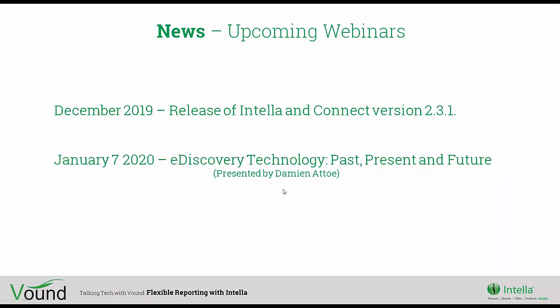So just before we get started into the webinar, let's have a quick look at what's coming up. Firstly, we will be releasing version 2.3.1 this month. That should be in very close. It's a week away or just over. There's a number of new features in there. Some of those features are new formats being supported like APFS, Slack and BitLocker.